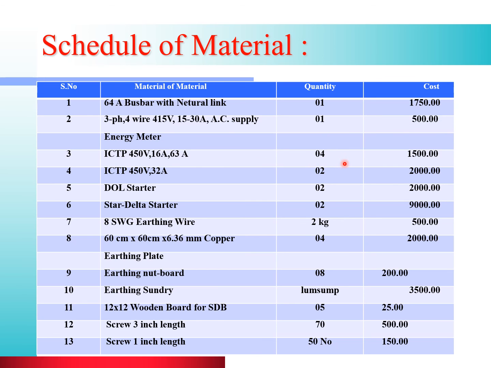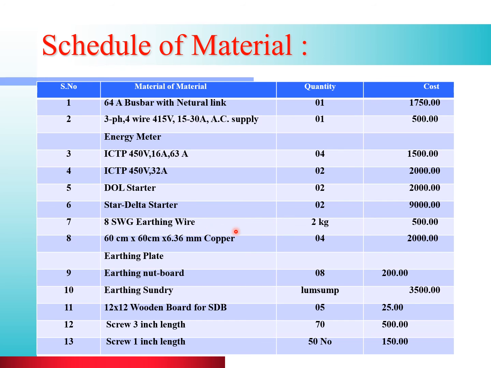Then ICTP switch 4 number is required. ICTP switch 32 ampere 2 number is required. Then DOL starter 2 number is required, that cost is 2000. Then star delta starter, 2 number is required, approximate costing 9000.